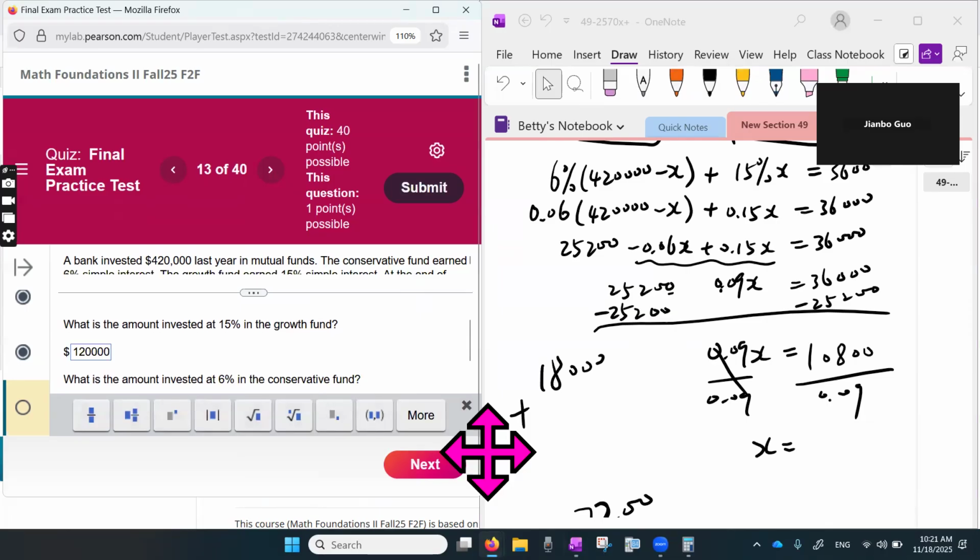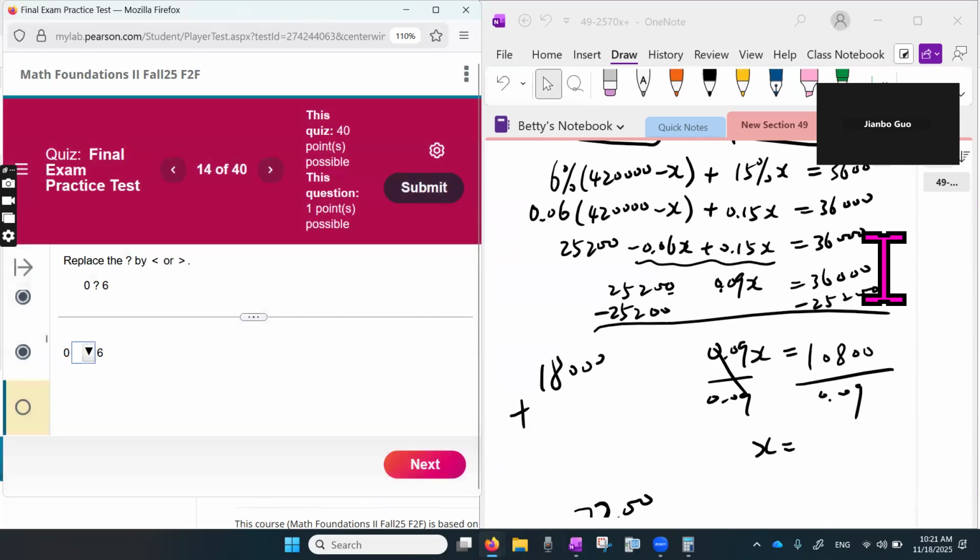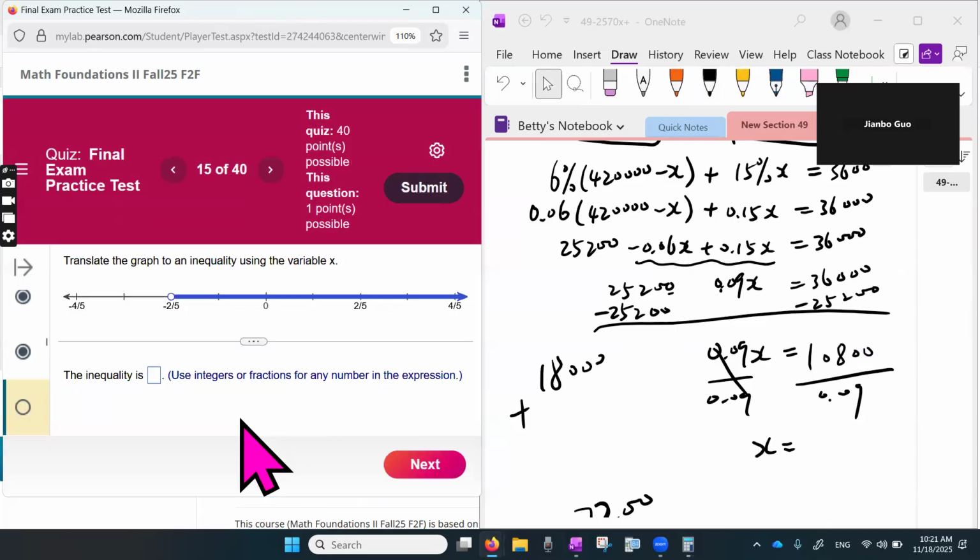Okay, it is correct. Next, question number 14. This is about comparing. This is a very simple problem. Number 15. The inequality, use integers or fractions for any number in the expression.